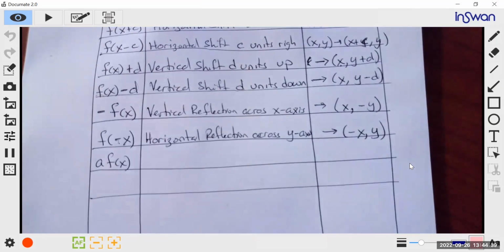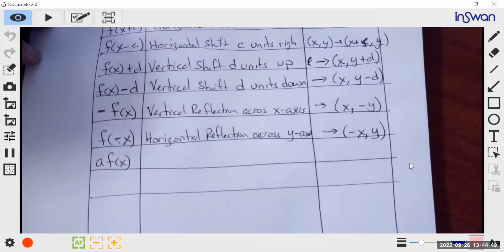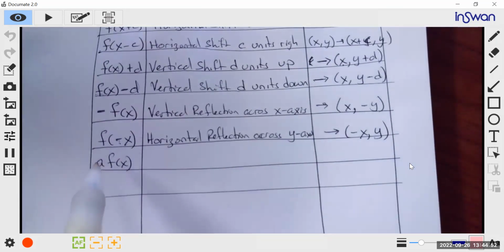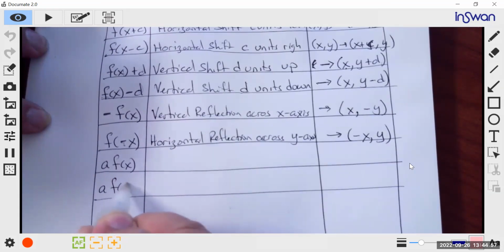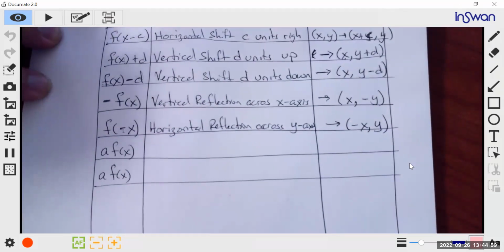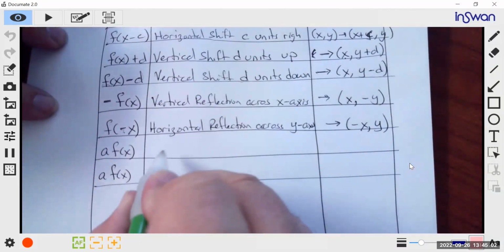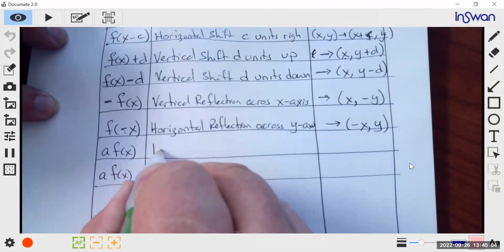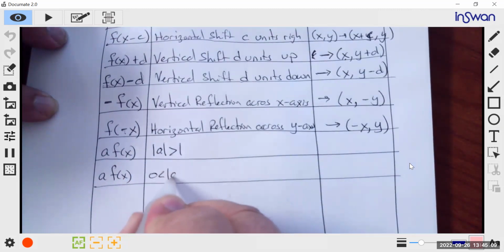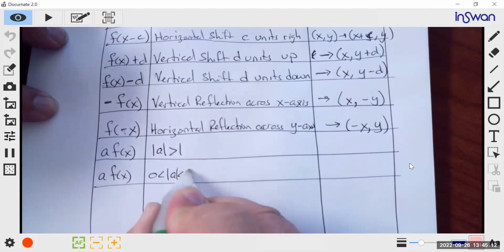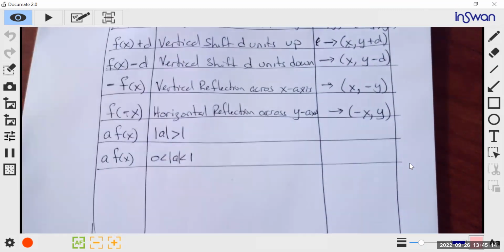What happens here? Now it's no longer just a sign change, it's a number change. So two things can happen. Remember, if the absolute value of A is bigger than 1, or if the absolute value of A is between 0 and 1, what happens in that case?